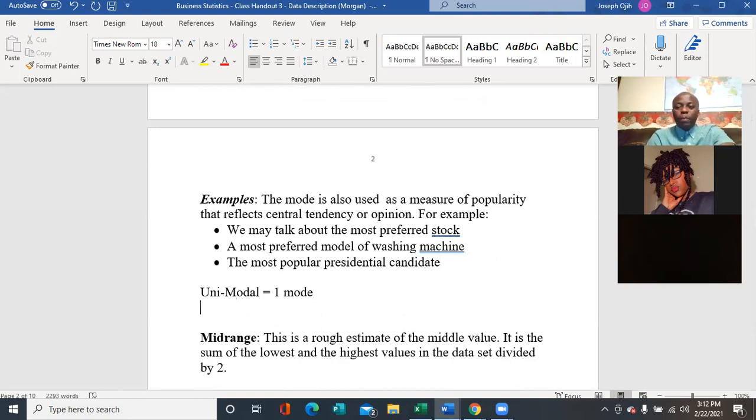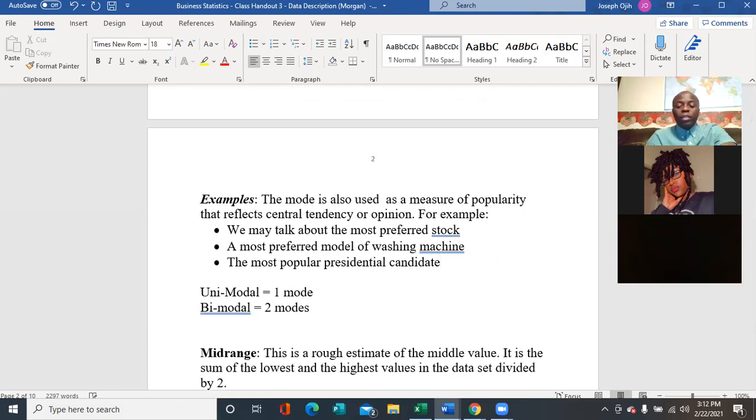When it is two modes, like two most popular stocks, you can say bimodal, which is for two modes. If it is more than that, you call it multimodal, meaning more than two modes.